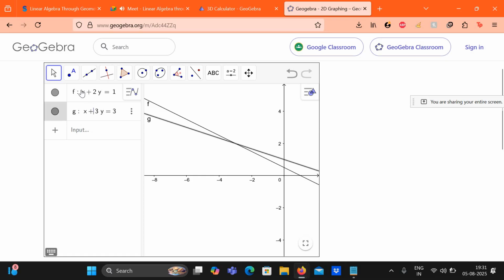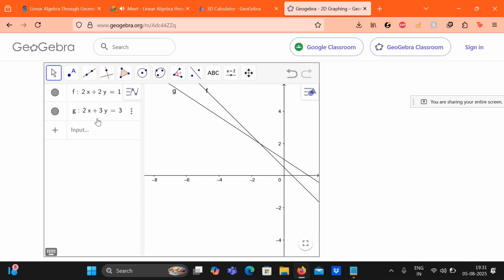You can say that I will shift this guy by 2x, and this guy also by 2x. You see that I've shifted it more towards the x-axis, but the lines are still the same. You can see that only their intersections are moving.